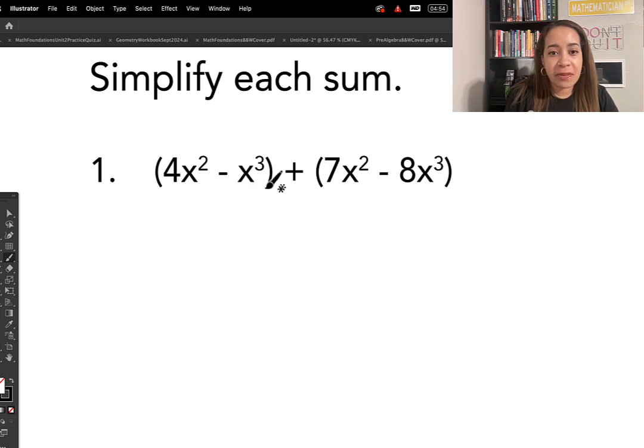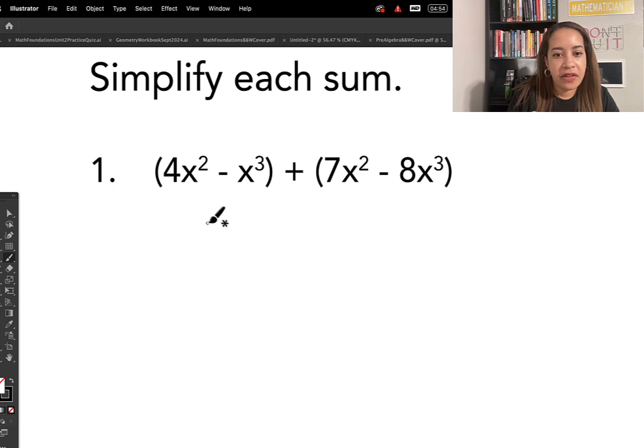So looking at this problem, I see 4x squared minus x cubed, or x to the third power, plus 7x squared minus 8x cubed. So I need to stack up the pieces that look alike. I'm going to start by copying down my first polynomial.